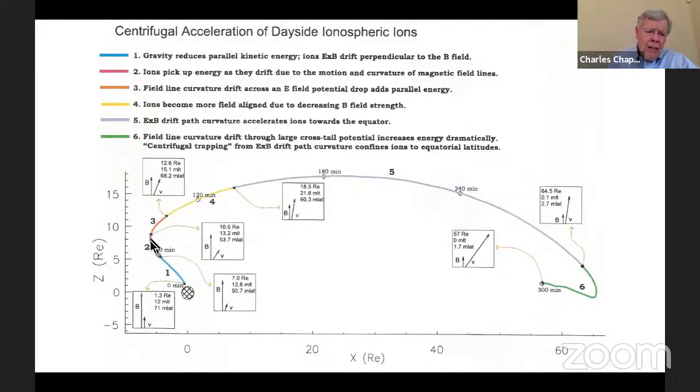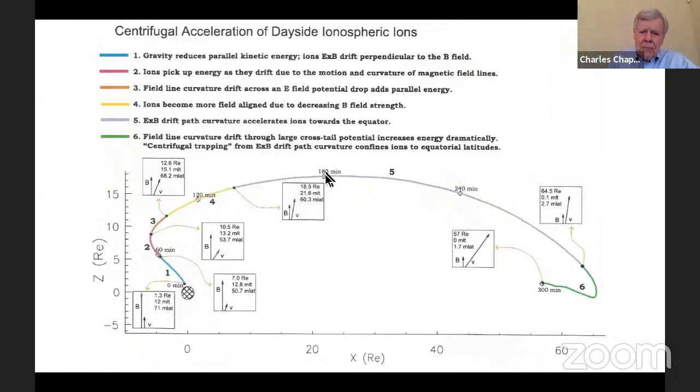As it follows the magnetic field lines and moves up into the magnetosphere, it goes through an area where the field line is curved. When it's curved, it causes a curvature drift on the particle, which in this case is out of the page. That drift moves the particle across the crosstail potential and energizes it. So a few eV becomes 10 eV or so, and then it flows out through the lobes.